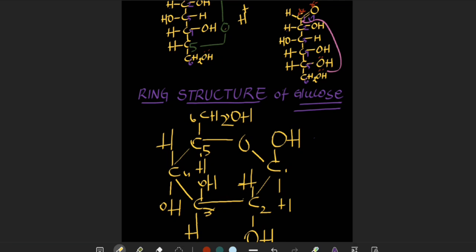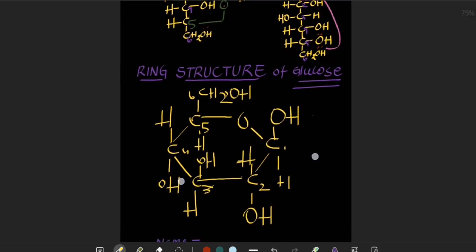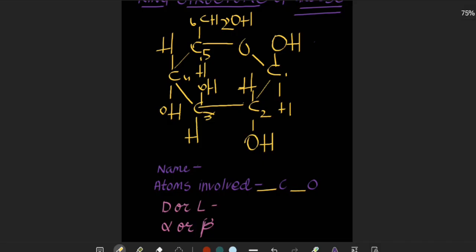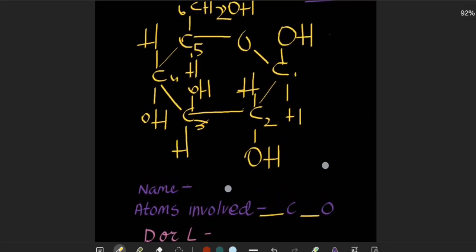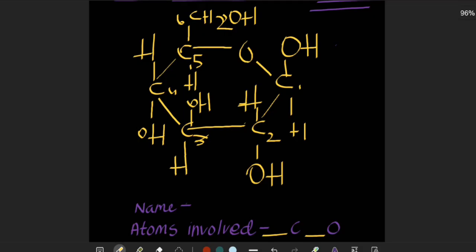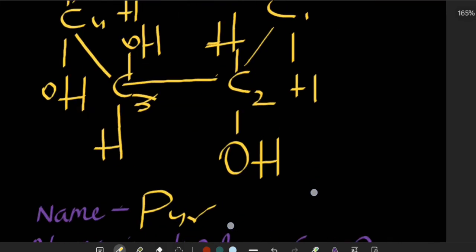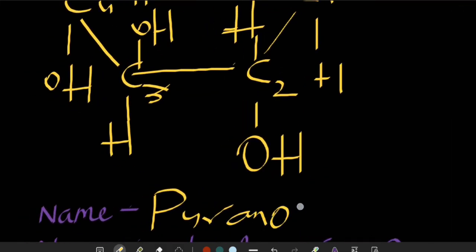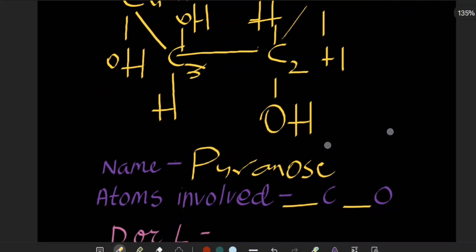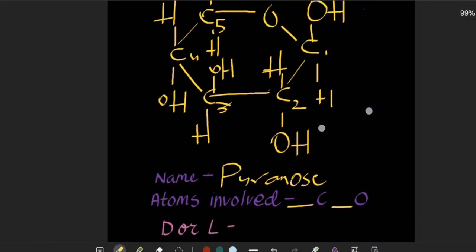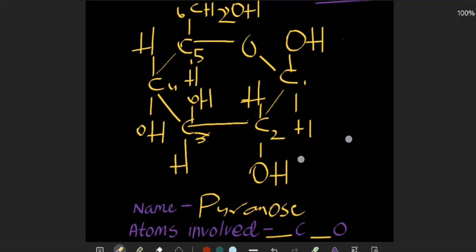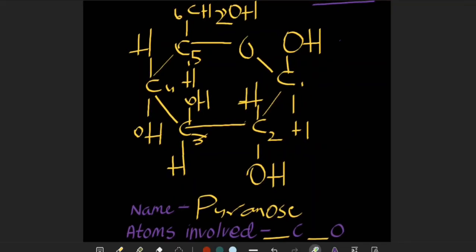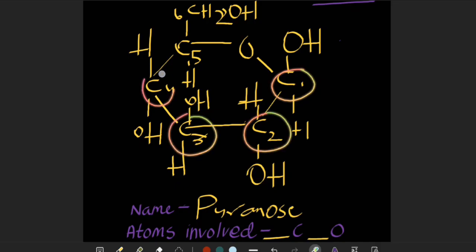So this is actually the ring structure of glucose. Now, there are two things that you need to remember. The name of this particular ring structure is known as pyranose. So we're going to call it pyranose. And then, as you can see, how many atoms of carbon are present in the ring? 1, 2, 3, 4, 5, right?